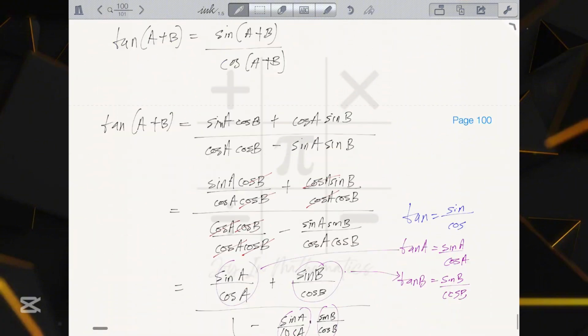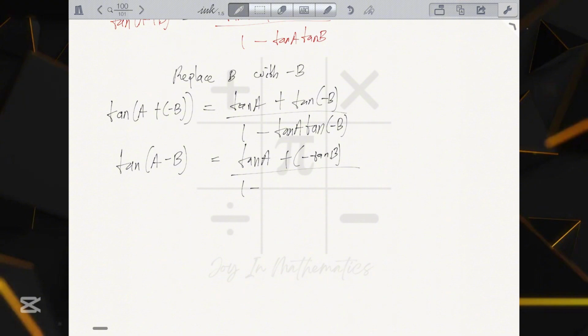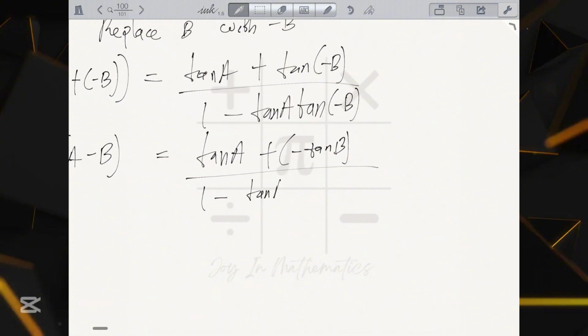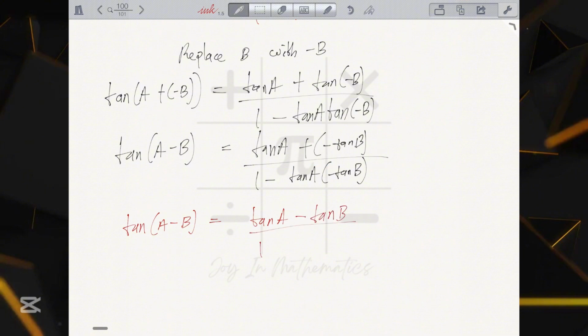So in view of that, this gives us tan A minus B. Tan minus B is the same as minus tan B, so we have tan A plus minus tan B, divided by 1 minus tan A times minus tan B. So the final expression of tan A minus B is tan A minus tan B divided by 1 plus tan A tan B, since the negative multiplied by the negative gives positive.